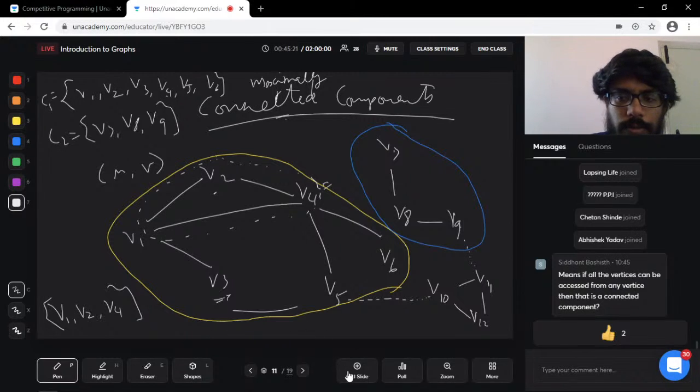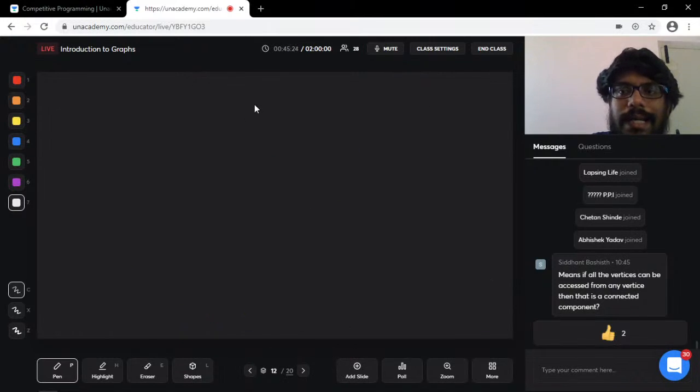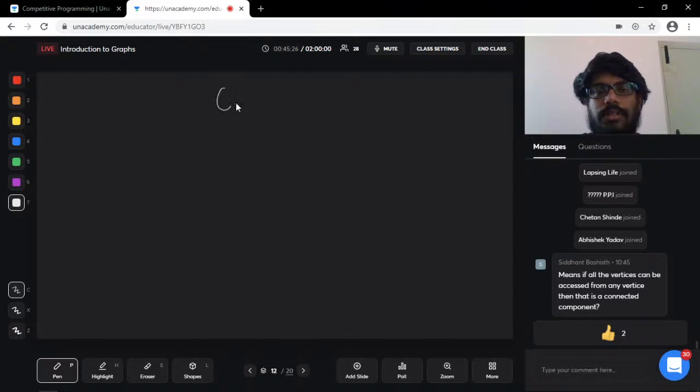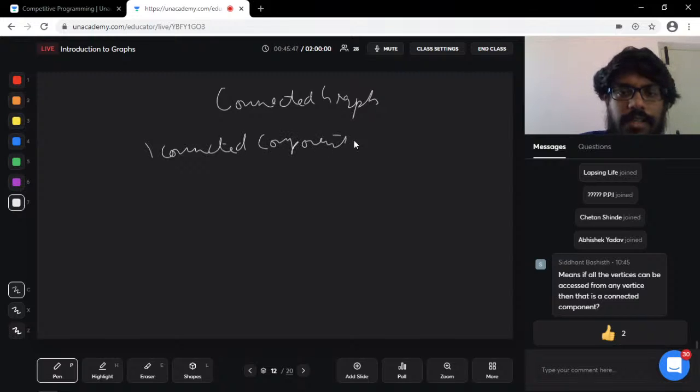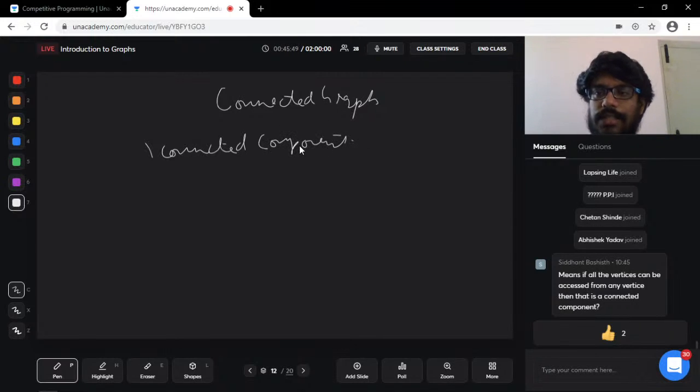Now we can also talk about a graph being connected. A connected graph is nothing but a graph in which there is one single connected component, which is the entire graph, right? One connected component. That is, take any two vertices in this graph, and those two are connected to each other.